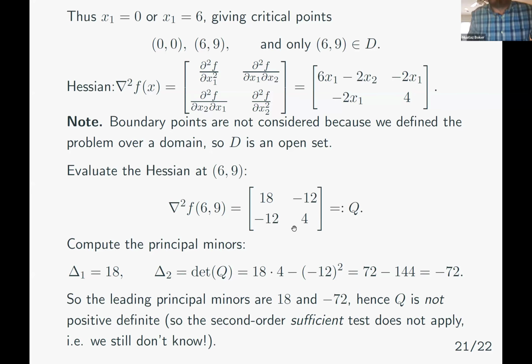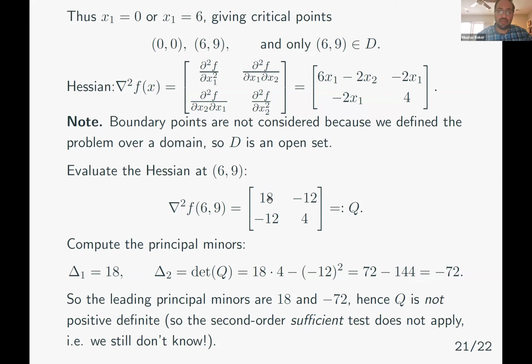You can look up how to determine whether a matrix is positive definite, and I believe you can also find it in the background notes I uploaded in Canvas, or in a quick Google search.